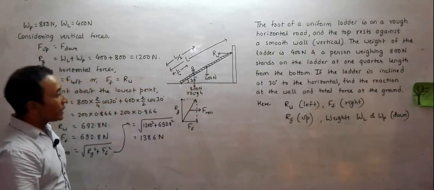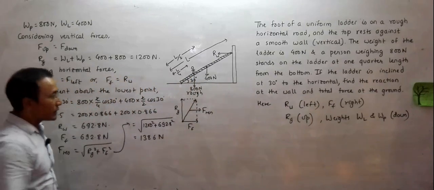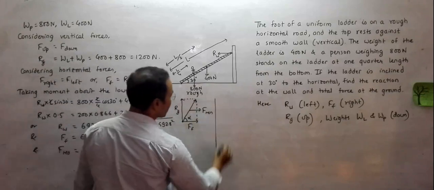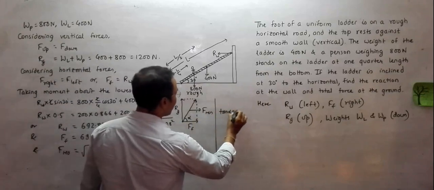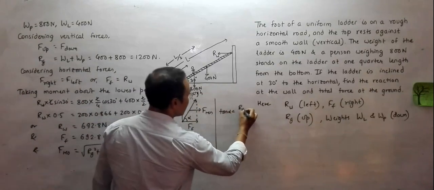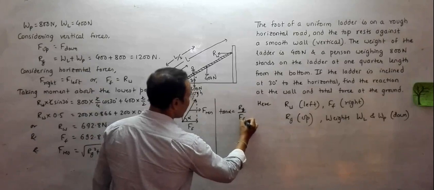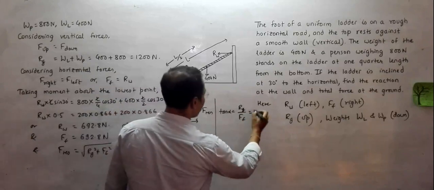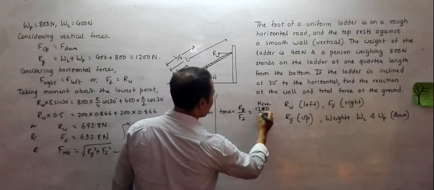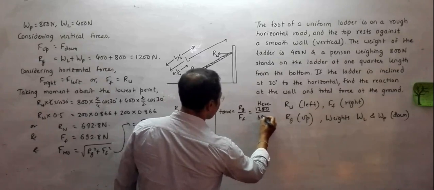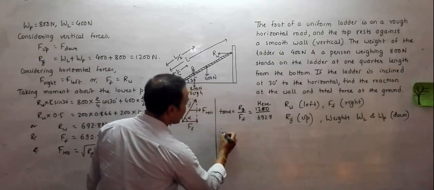And in vectors, we need to find the angle as well. If I define this angle as alpha, I must have tan of alpha equal to RG by FF. RG is 1200 Newton and FF is 692.8.